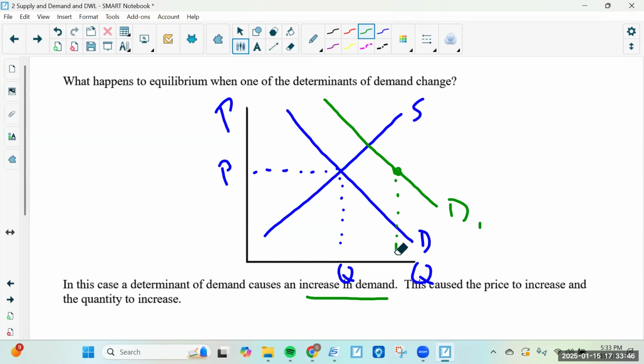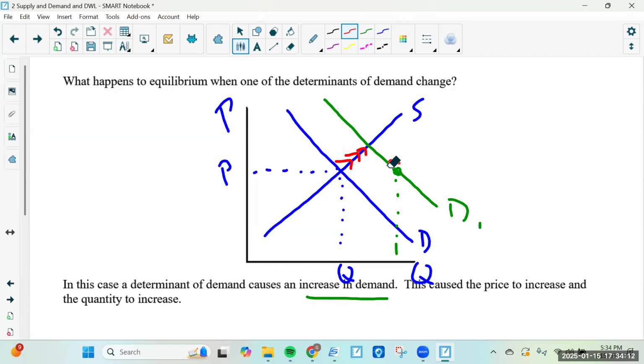The seller realizes that we really now want this product, and they go, oh man, they really want this product. So if you're a seller and you know that people really want the product you sell, what do you do? You raise the price. And as they raise their price, they're now willing and able to sell more, because their profit is going to be better off as they raise the price, right? We don't actually know that for sure about profit, but that's the idea behind it.